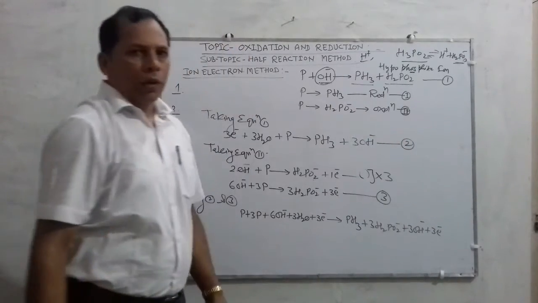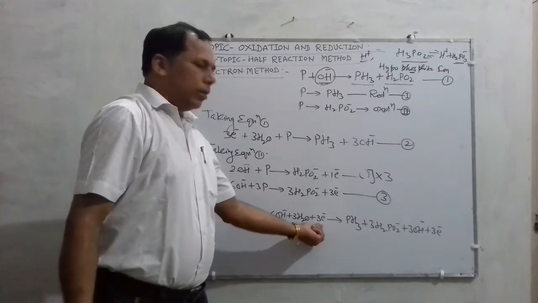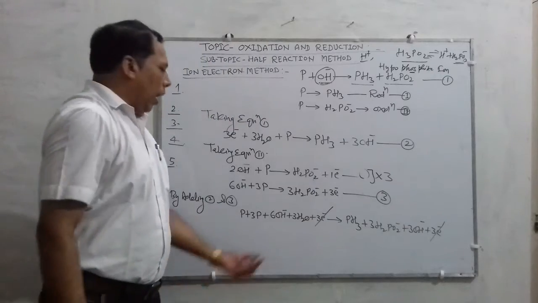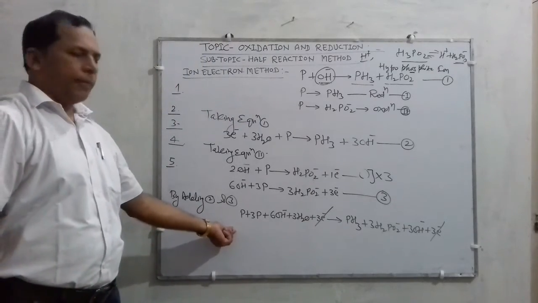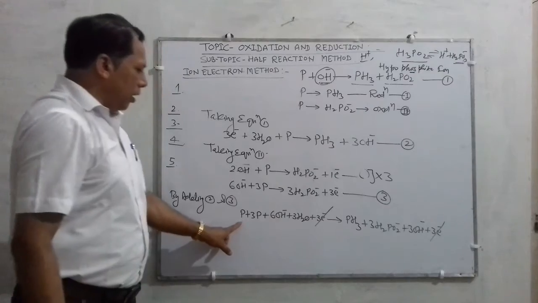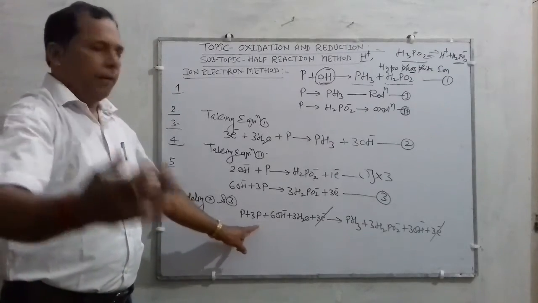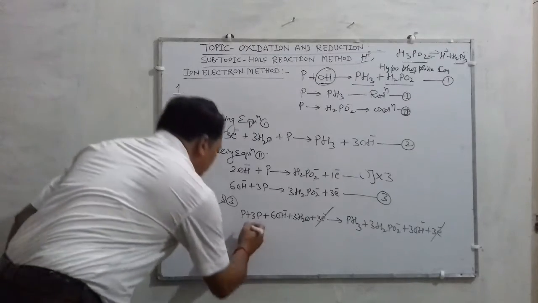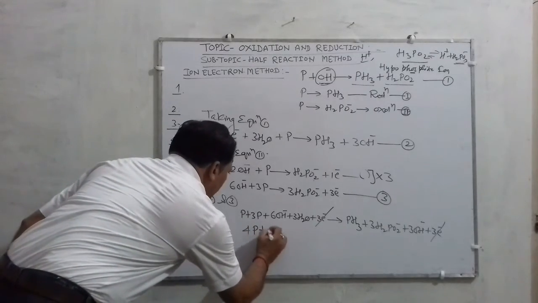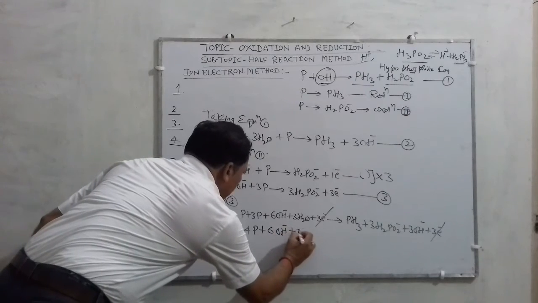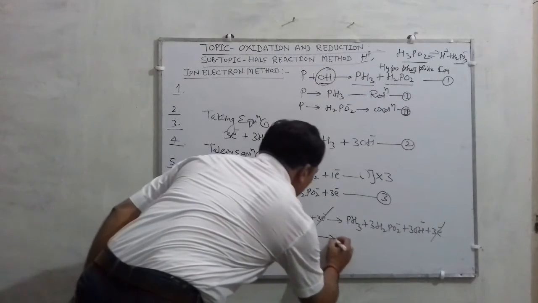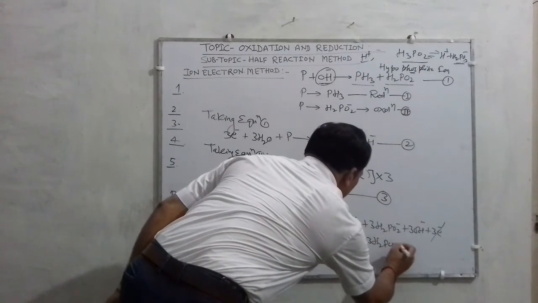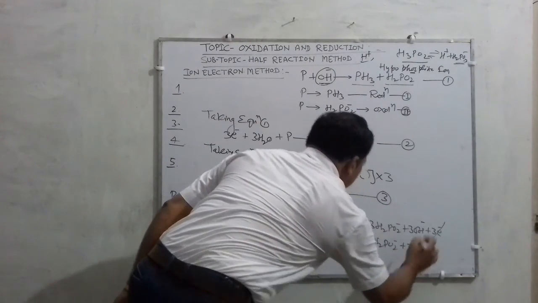So children, as you know in mathematics, equal things are cut together. So 3 electrons and 3 electrons will cancel, and the rest which is left will be the balanced reaction. And here P plus 3P is what? 4P. As in mathematics, x plus 4x is 5x, similarly P plus 3P is 4P. So 4P plus 6OH minus plus 3H2O changes into PH3 plus 3H2PO2 minus plus 3OH minus.